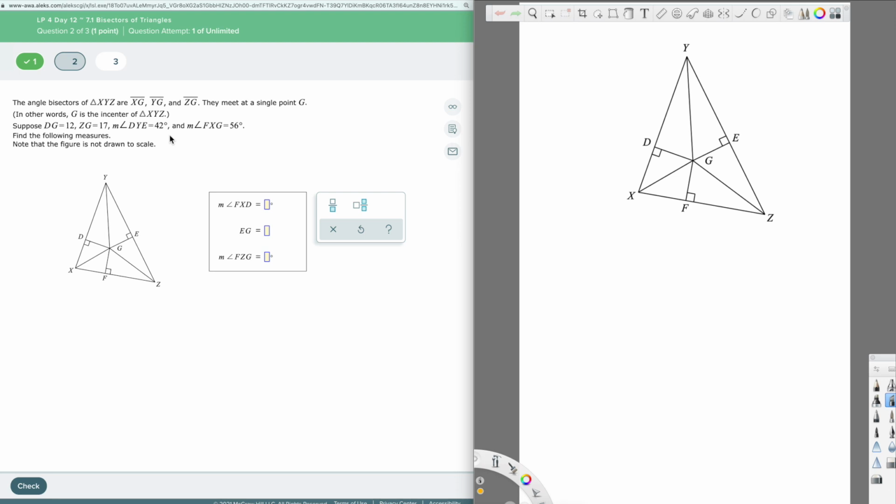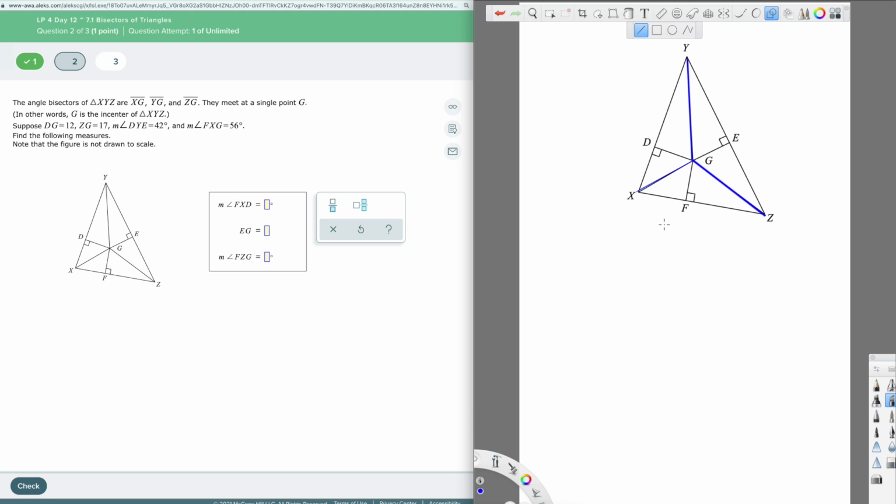So if we're looking here, and I'm going to go ahead and highlight these guys. So I have the angle bisectors are XG. And I think I'm going to change my color here just so that they're a little bit more obvious. So I have XG and YG and ZG. So I have some angle bisectors. So remember, it's angle and it's bisecting.